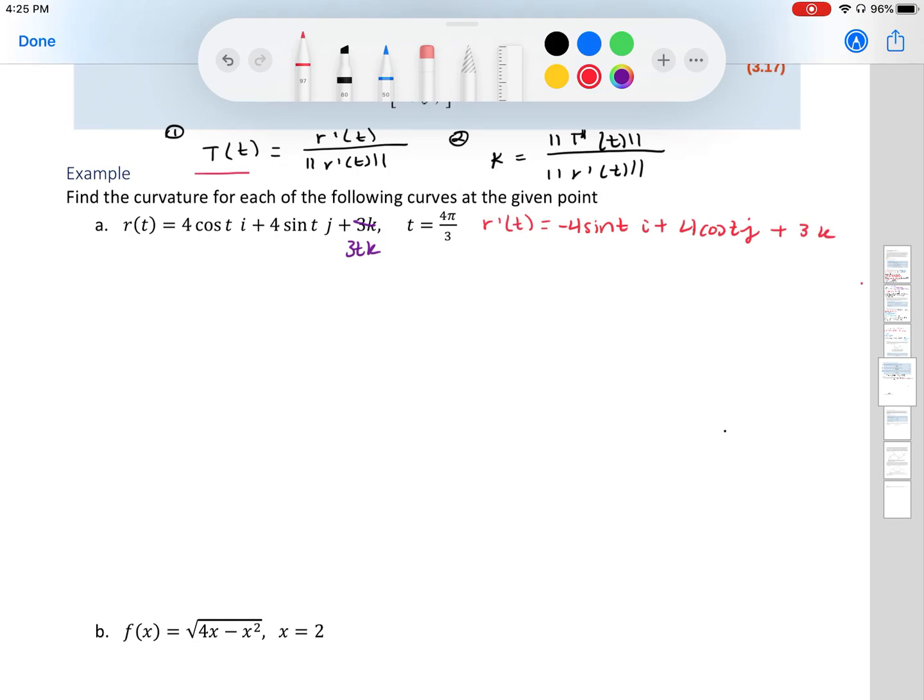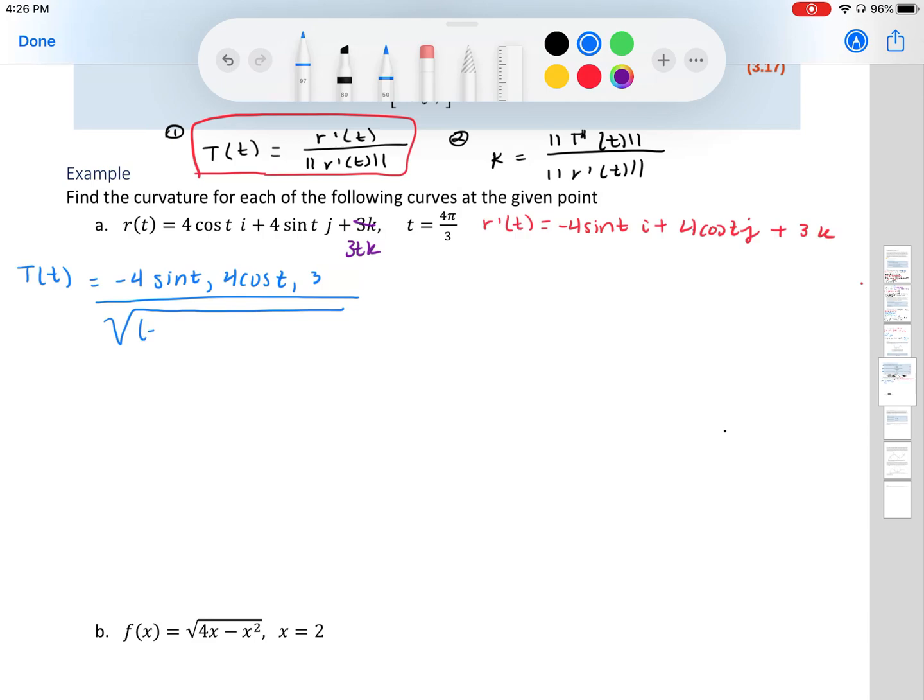Okay, so first we want to apply this formula so that we have T of t is equal to negative 4 sine of t, 4 cosine t, and 3, divided by the square root of negative 4 sine of t squared plus 4 cosine squared t plus 3 squared.